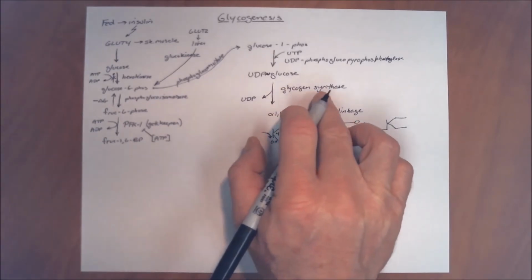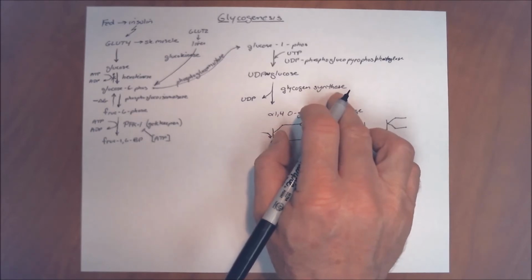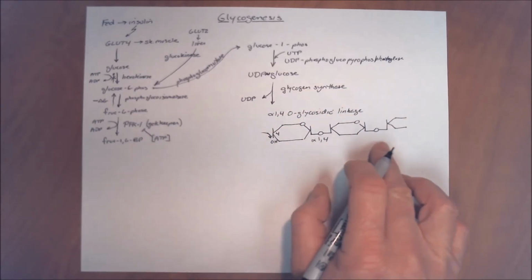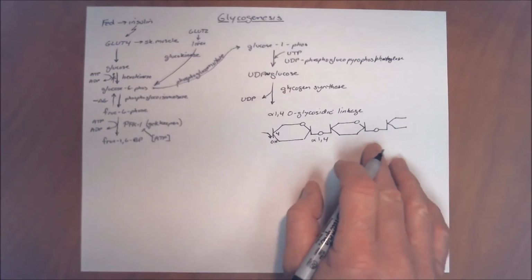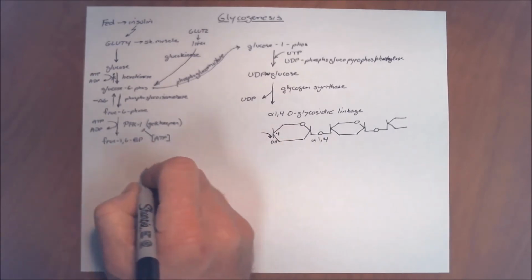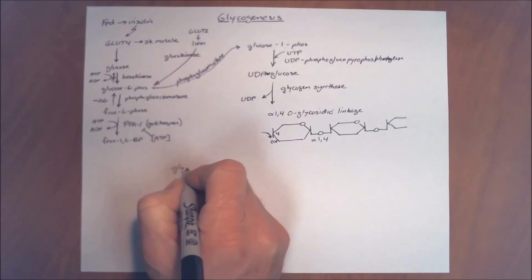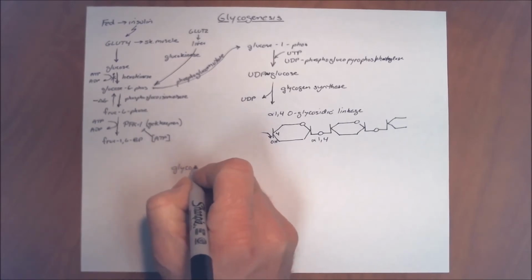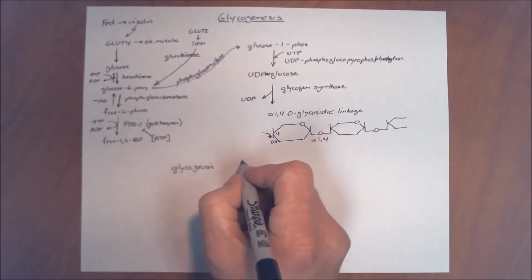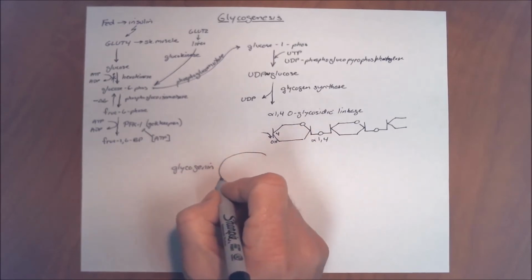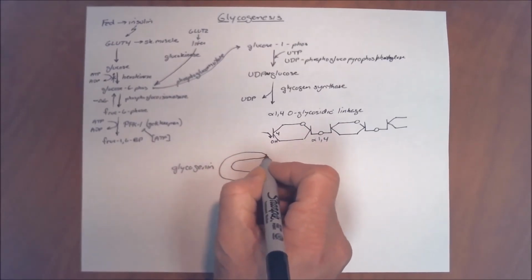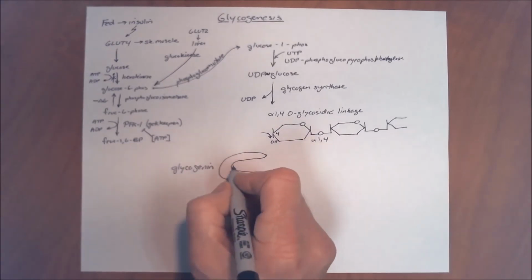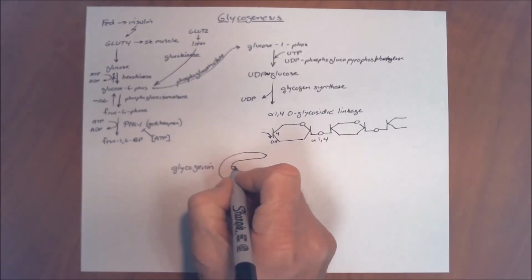Now the glycogen synthase enzyme will only work if there's already a glucose polymer. So the initiation of this needs to start with glycogenin. The way I like to think about glycogenin is that it has a very deep active site on this protein, where we are going to now add a glucose residue.